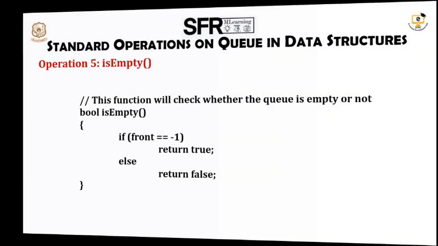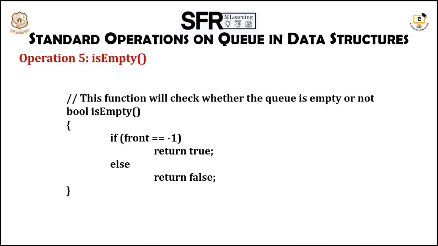Now let us see the isEmpty operation. This operation returns a boolean value that indicates whether the queue is empty or not. In the above example, check if the front value is equal to -1 or not. If yes, return true, which means the queue is empty, otherwise return false, which means the queue is not empty.